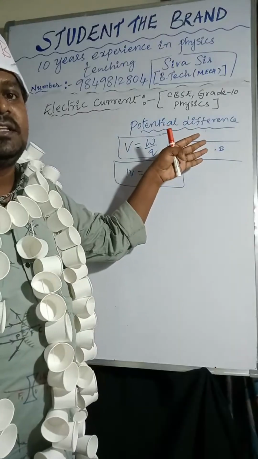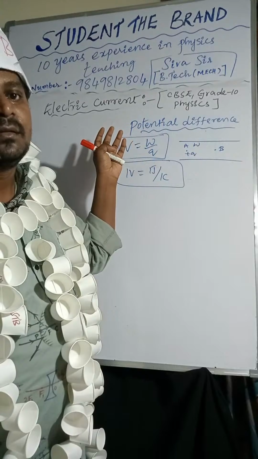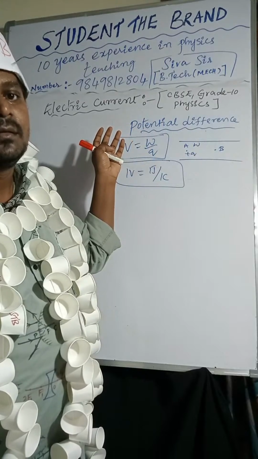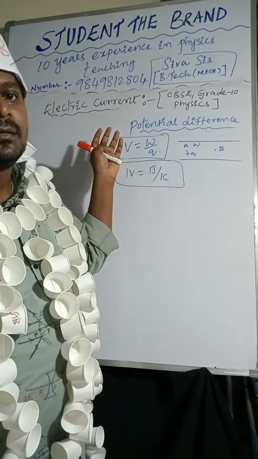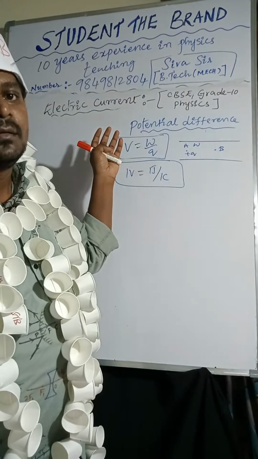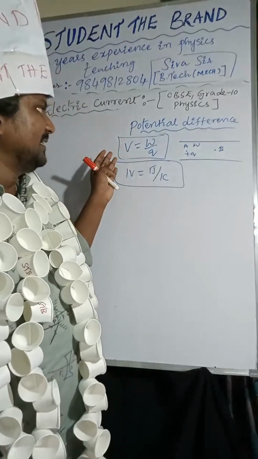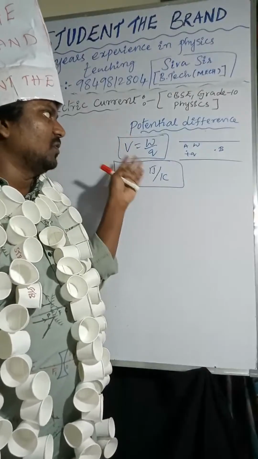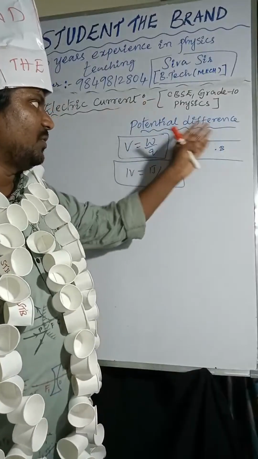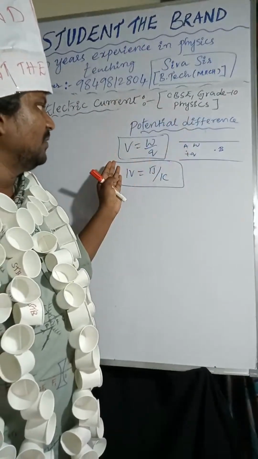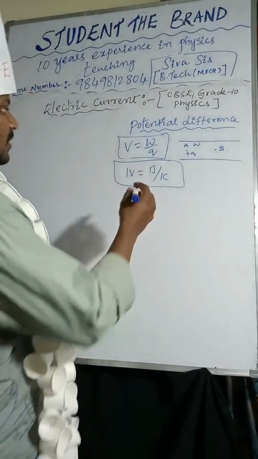That is called a volt. 1 volt equals 1 joule by 1 coulomb.